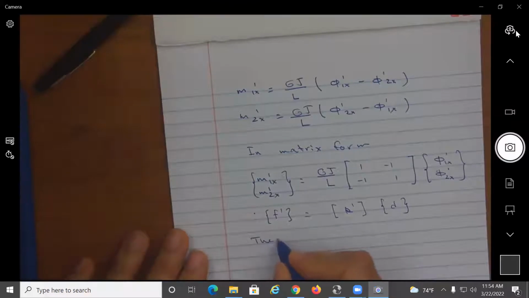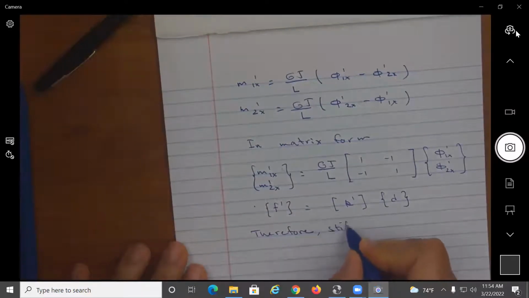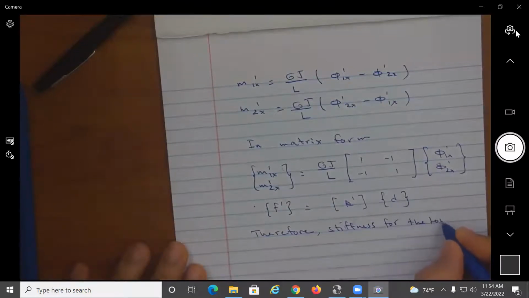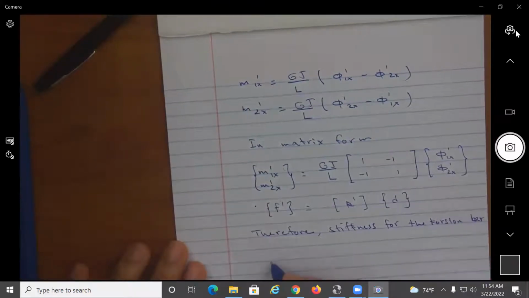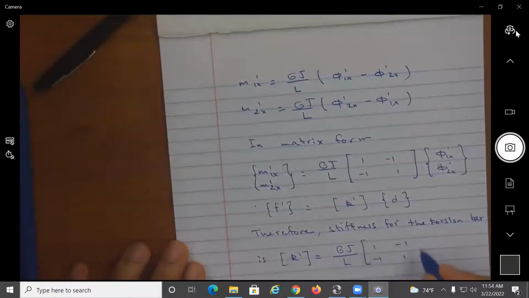Therefore, the stiffness matrix for the torsion bar is k prime equal to GJ over L multiplied by 1, minus 1, minus 1 and 1.